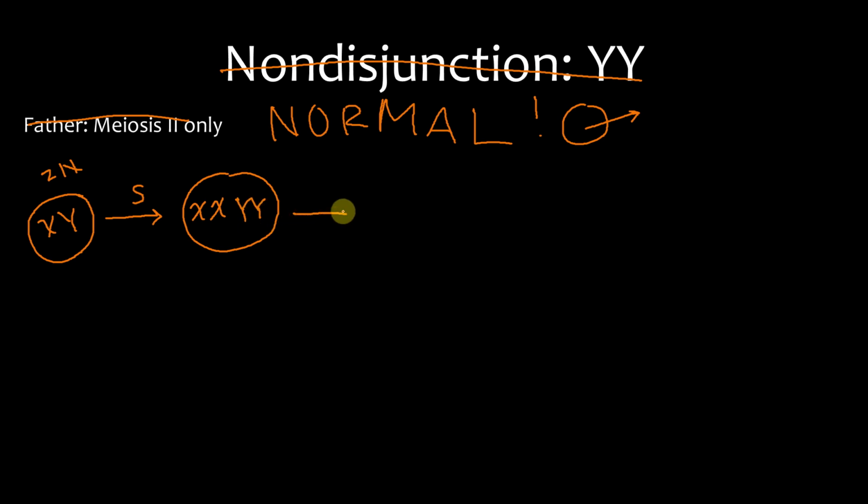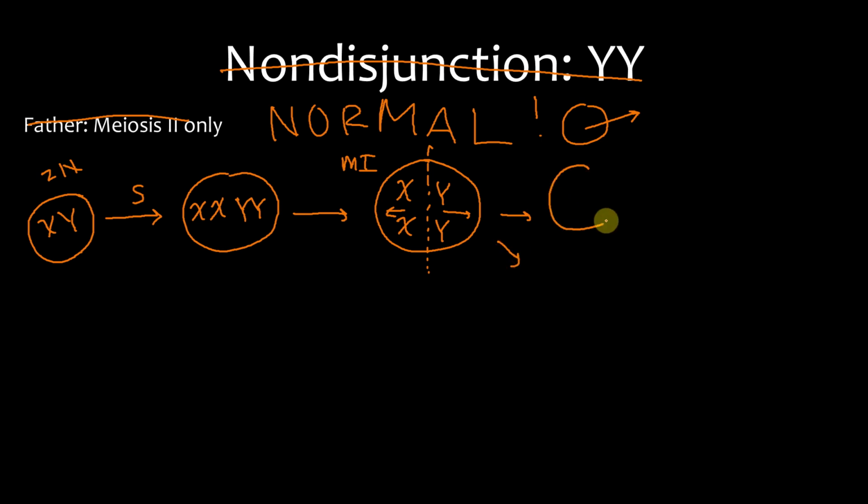Okay, so in metaphase 1, how do we know these bad boys line up? Here's the metaphase plate. If you said like this, you would be correct. In metaphase 1, we then have cells that look like this: XX, YY.